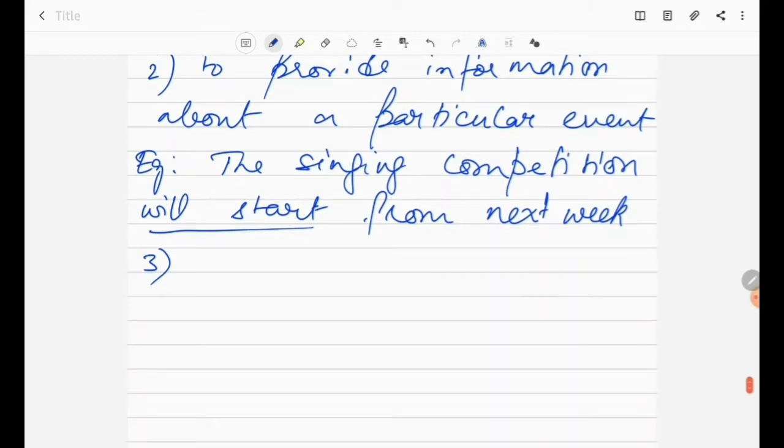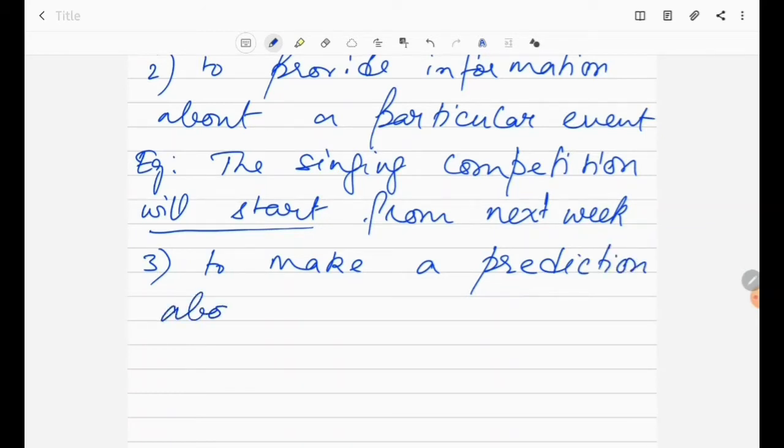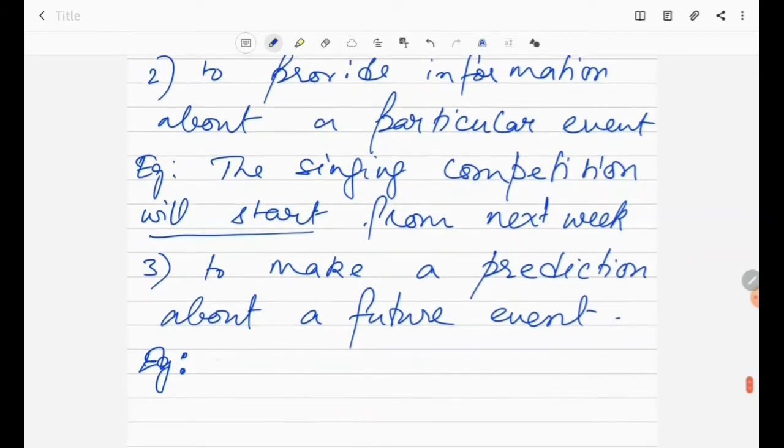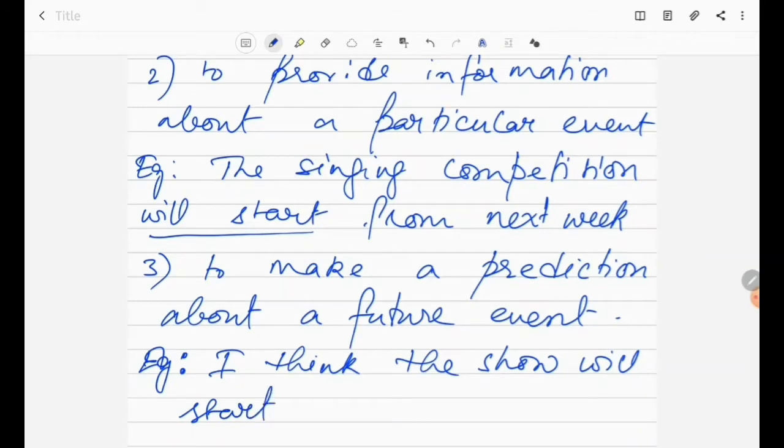To make a prediction about a future event. Example, I think the show will start tonight.